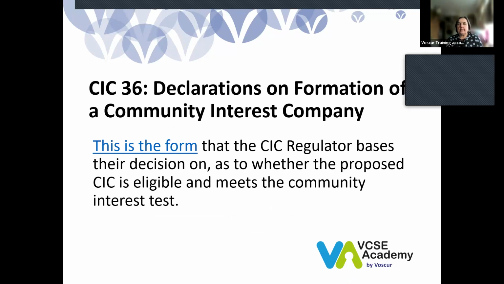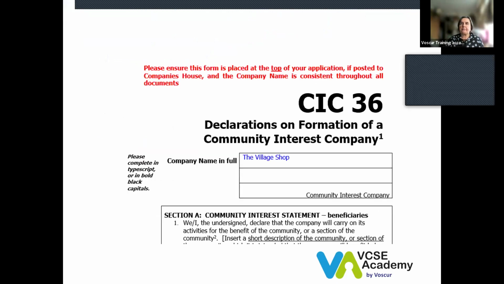So the CIC 36, Declarations on Formation of Community Interest Company. This is the form that you complete that proves that you'll meet the community interest test that I said about right at the start. This is the first part, and this is where, if you have your good sentence or a couple of sentences that describe exactly what you do, then that will be a great help to you here.